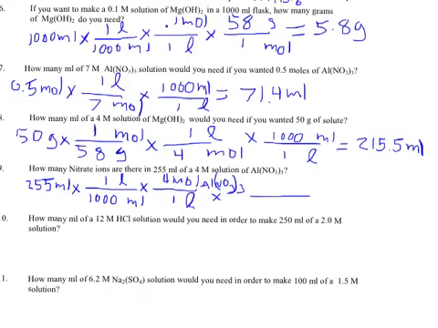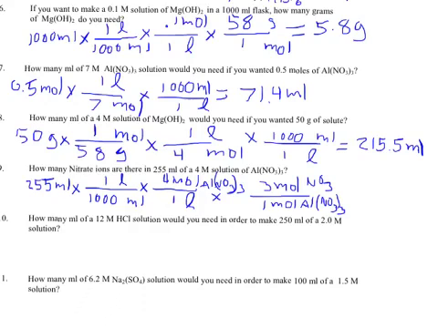And I'm going to say in 1 mole of AlNO3, there are 3 moles of NO3 ions. You see how I did that? I looked here, it said in 1 mole of this, there are 3 moles of nitrate ions.